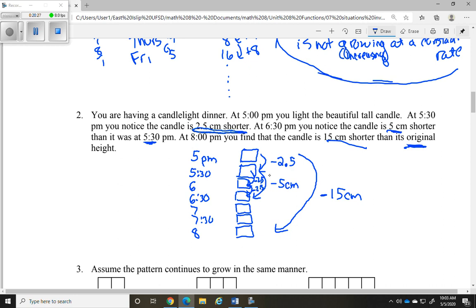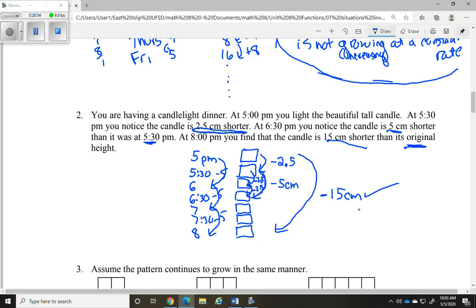Let's go by each hour again to make things a little bit easier, because we saw in 1 hour it actually decreases by 5 centimeters. So if from 5 to 6 it went down by 5, and 6 to 7 another 5, and 7 to 8 another 5, down by 5, down by 5, down by 5. Isn't that down by 15?